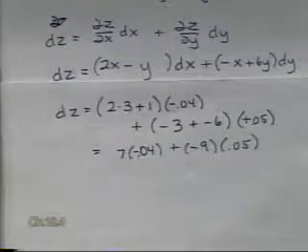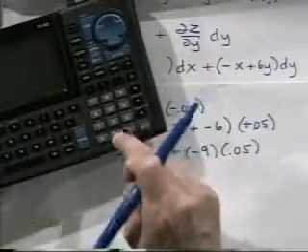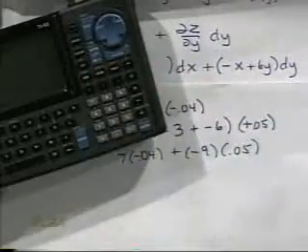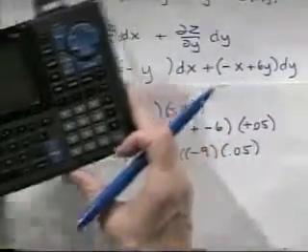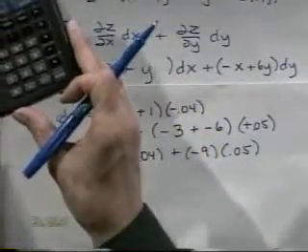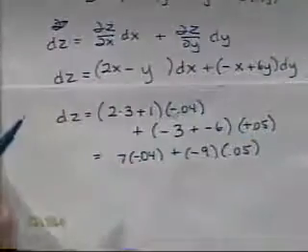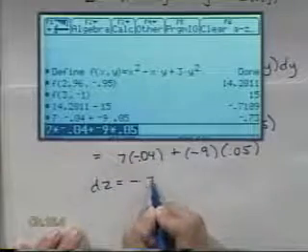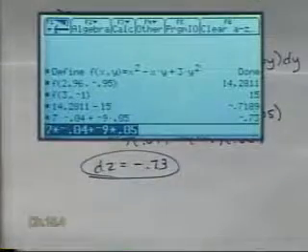Now I think I'll turn on my calculator just to do this calculation. And let's see, I'm going to have 7 times -0.04 plus -9 times 0.05. And I'm getting, can anybody see it? Negative 0.73. dz is -0.73.